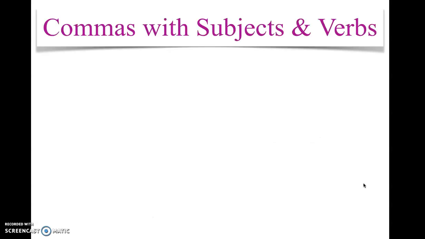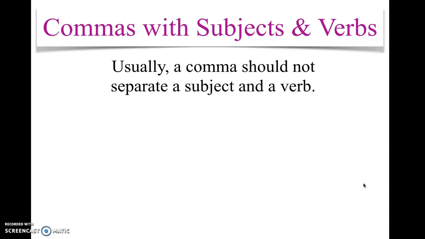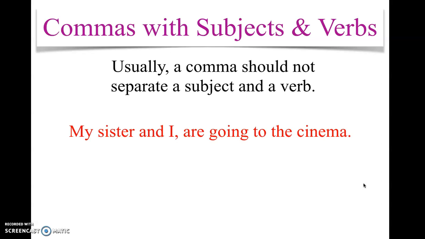One of them is with subjects and verbs. Remember, the subject is the person or thing doing stuff, and the verb is what they are doing. So usually a comma should not separate a subject and a verb. My sister and I are going to the cinema. Right? Here's the subject. There are two in this sentence together.